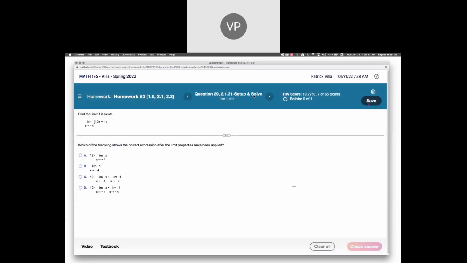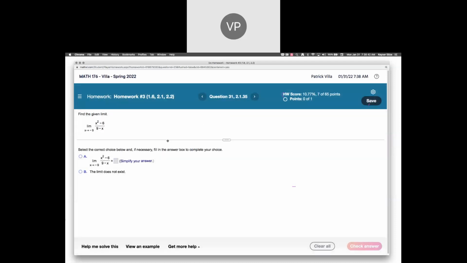Okay, let's look at number 31. On this one, we have a given limit. They want us to find the given limit here. So we have the limit as x approaches -9 of (x squared minus 6) over (9 minus x). Now remember, these are both polynomials, so they're no big deal.